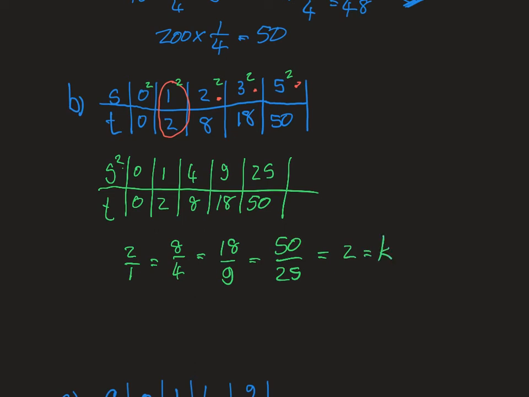But in this case, it's not t equal to 2s, it is t equal to 2s squared, because we had to square the top variable for this to work.